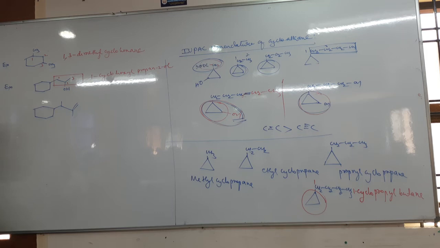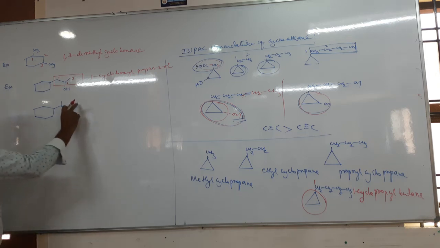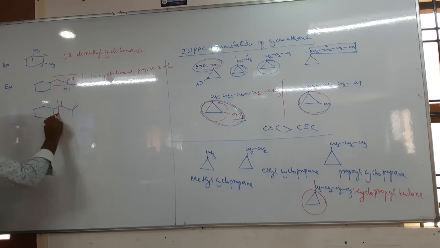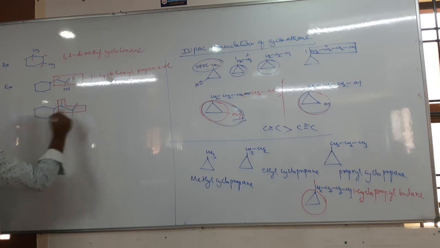Select the parent chain. Cyclic ring, no multiple bond. Side chain, multiple bond. Therefore, the side chain should be taken as the parent chain. Then, the side chain has how many carbon atoms? It is 4, because 1, 2, 3, 4. Now this is the parent chain, right?